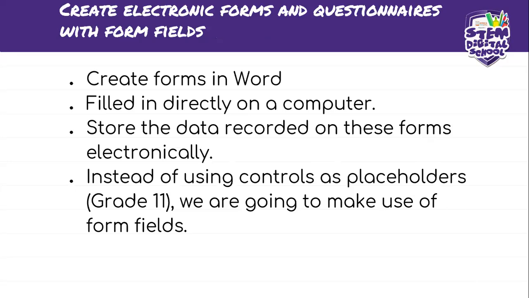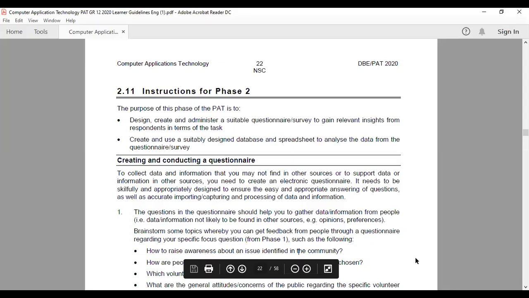But first, let me go through your practical assessment task. In phase 2, I saw the instructions. The first one says you were asked to collect data and information that you may not find in other sources, or to support data or information in other sources.